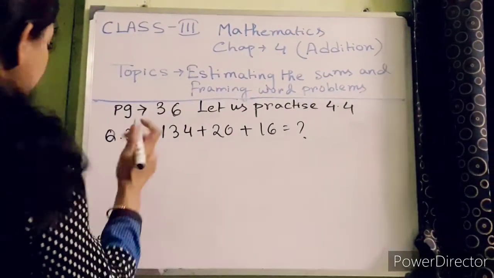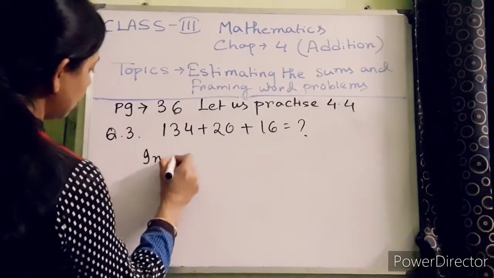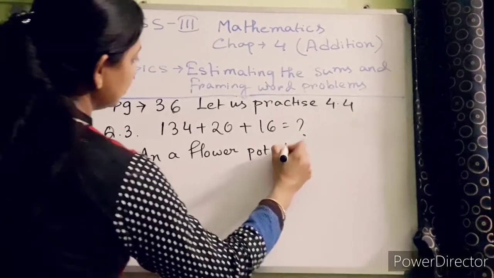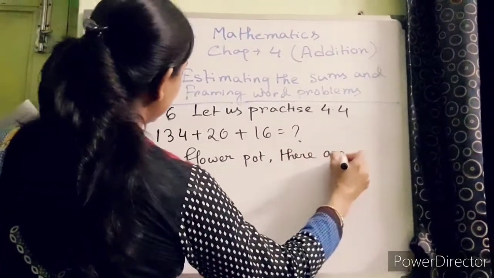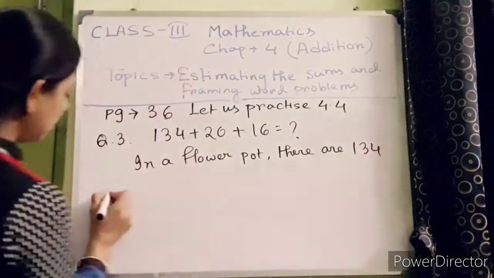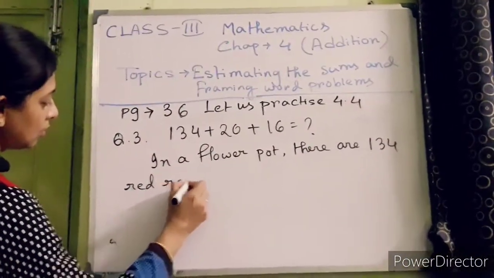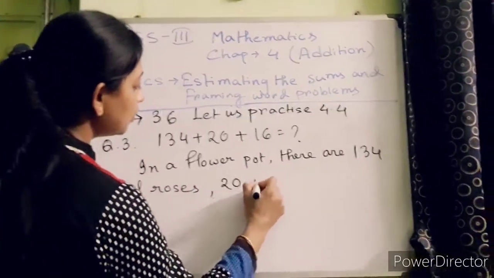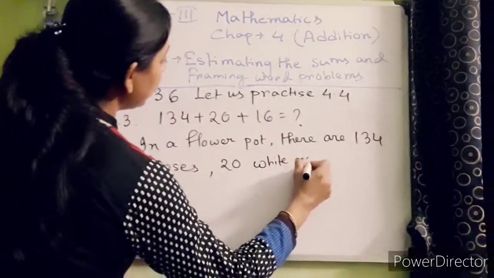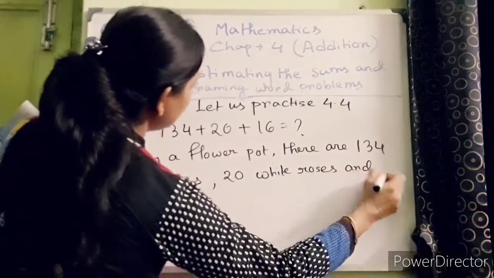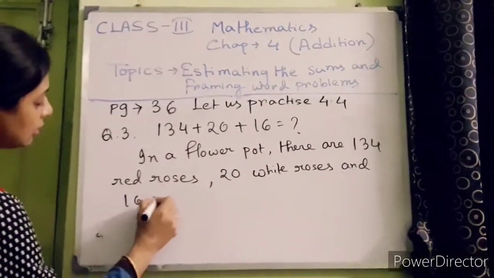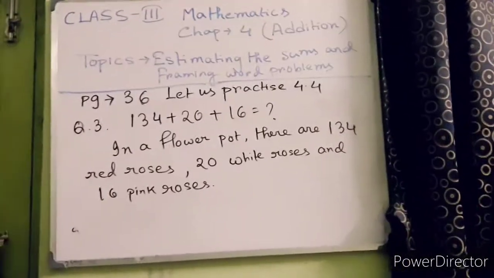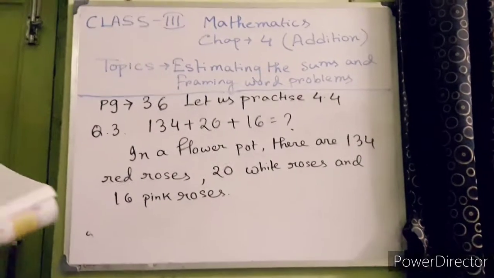Now, in a flower pot, there are 134 red roses, 20 white roses and 16 pink roses. How many roses are there in the flower pot?